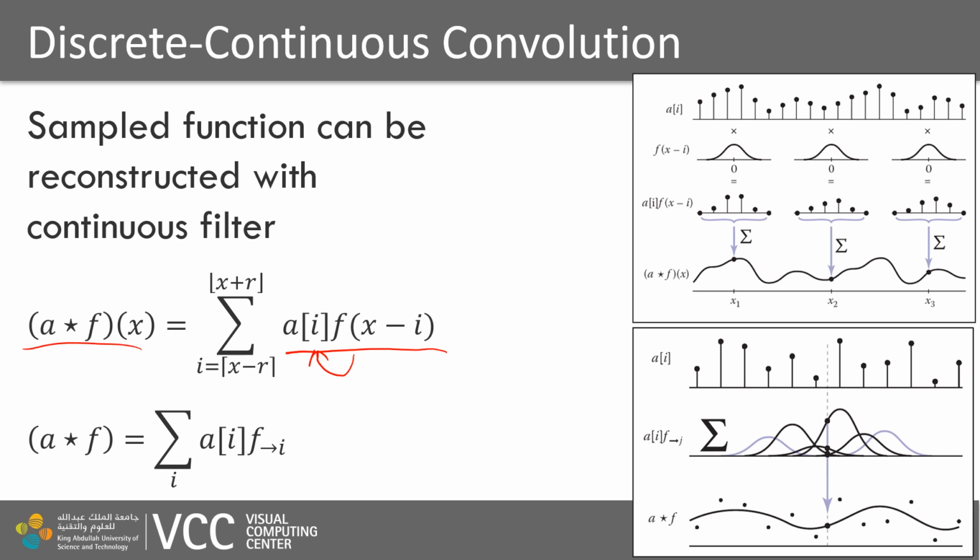Here we have the same convolution, but slightly reformulated as a sum of shifted filters. You can see that in the top case, in the first formulation, we are putting our filter kernel at the central location where we are performing the reconstruction. Keep in mind that here we are not at one of these integer positions where the sample has a defined value.